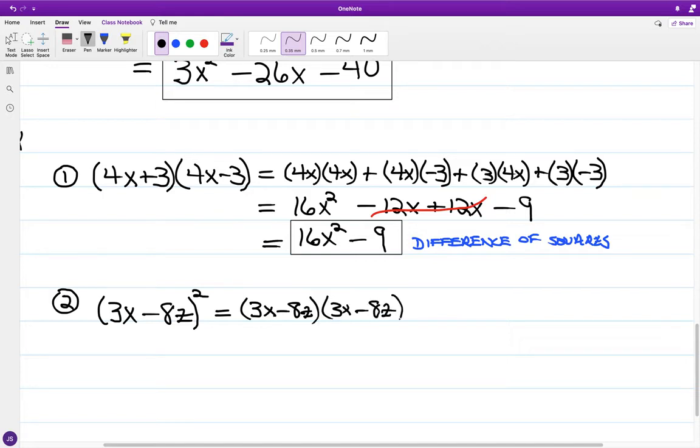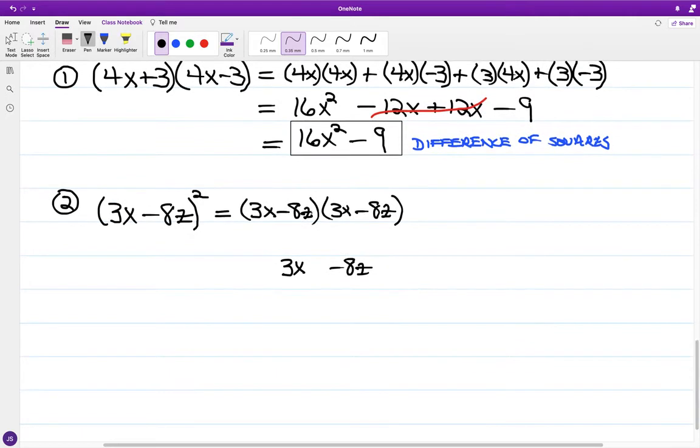Now in the case of 3x minus 8z squared, you have 3x minus 8z times itself. Again, you can utilize either the traditional or geometric FOIL approaches.